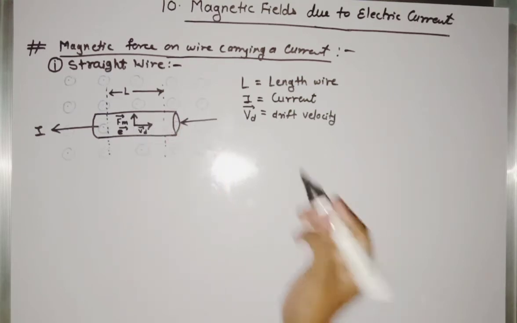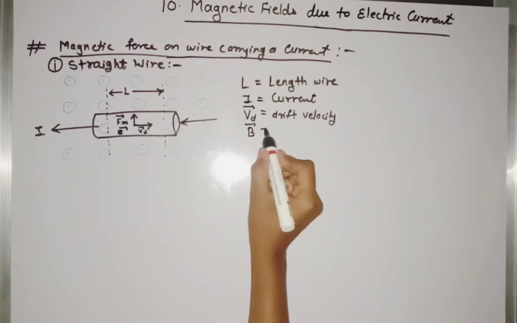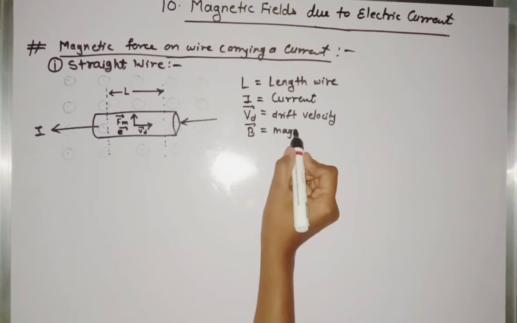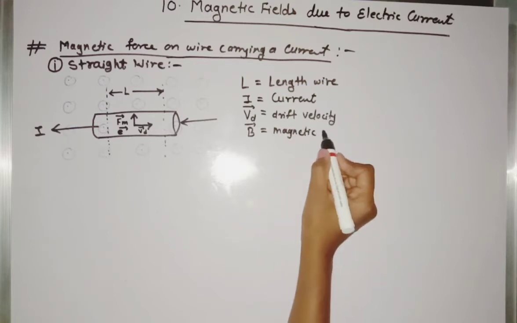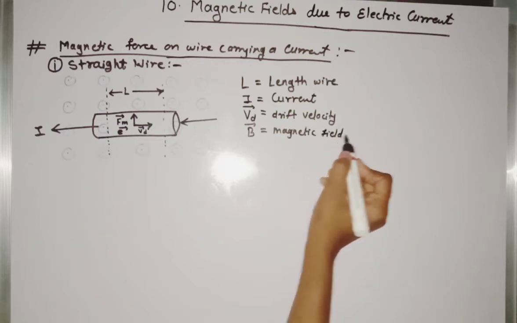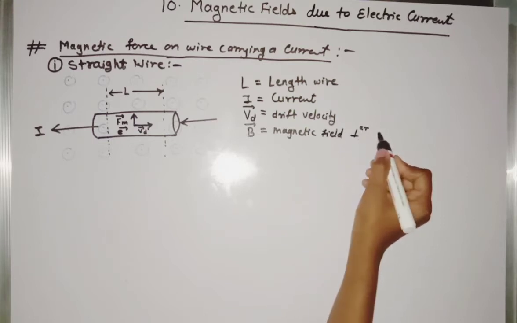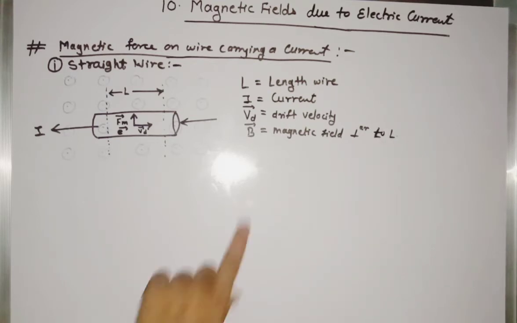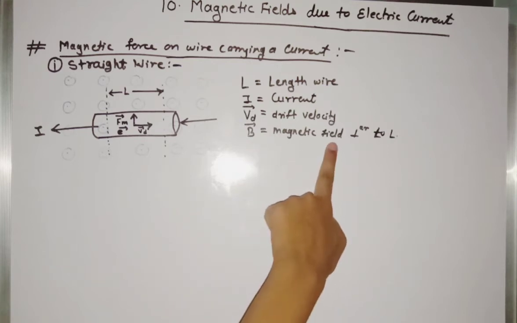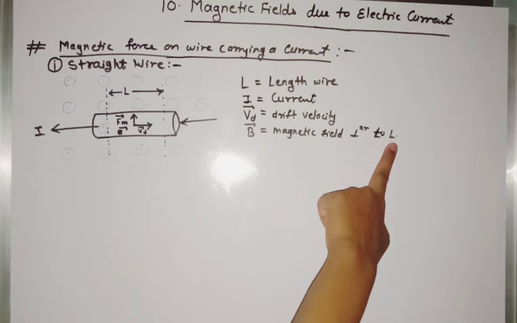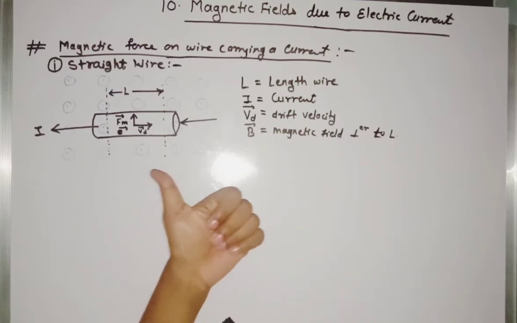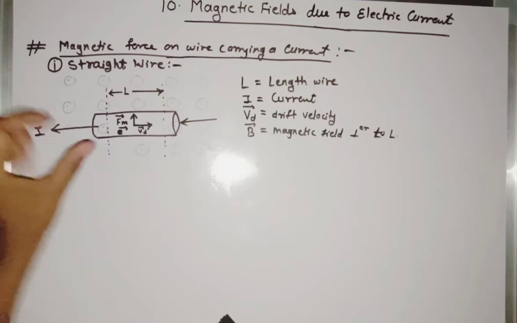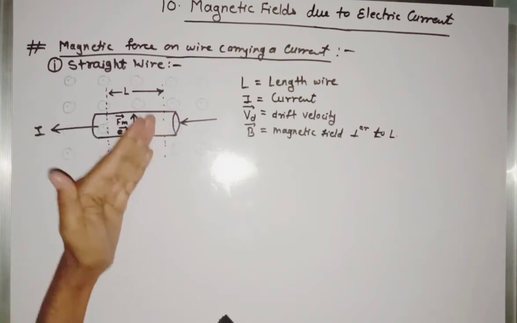So B is nothing but the magnetic field which is perpendicular to L, the length of wire, in the upward direction.